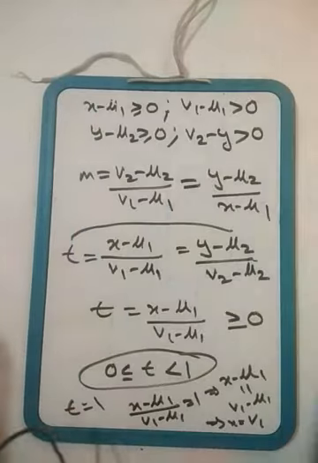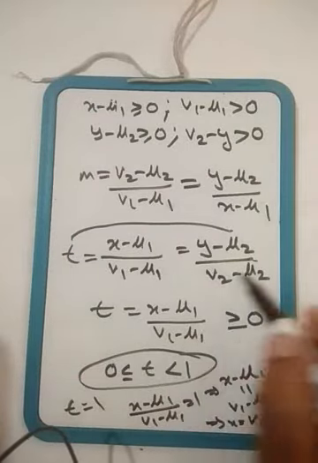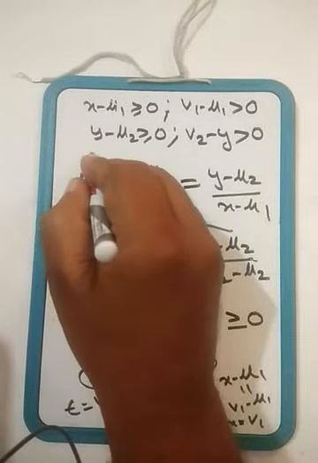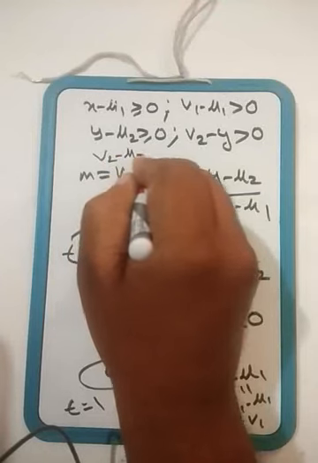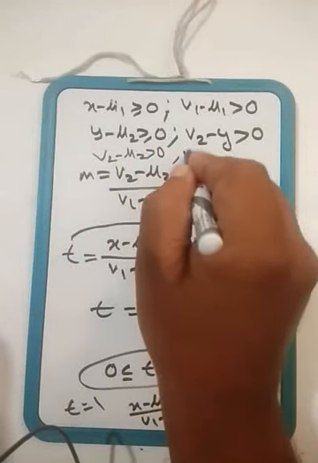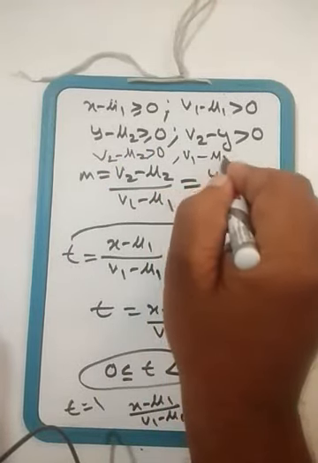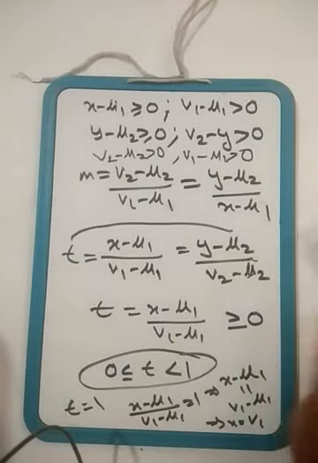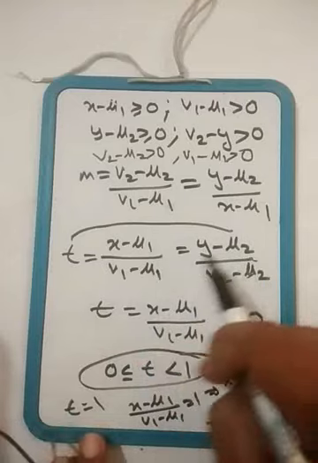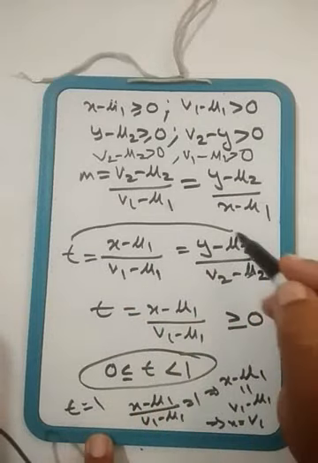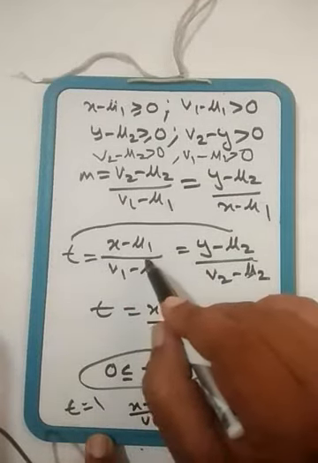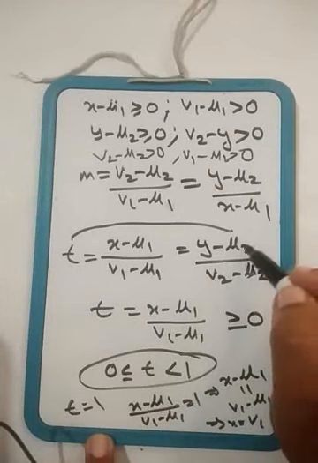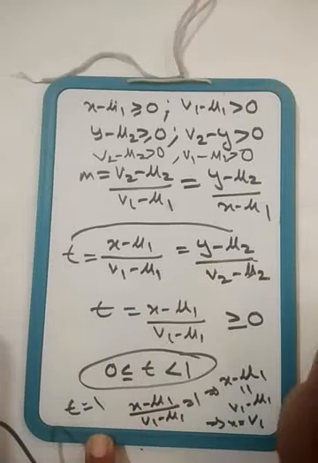Correct? So similarly, if you take this as 0, this is strictly greater than 0. This is t. Assuming this is this value, so t is lying between these. The same can be argued here at t equal to 0. From this equation, y becomes u2 and x becomes u1.